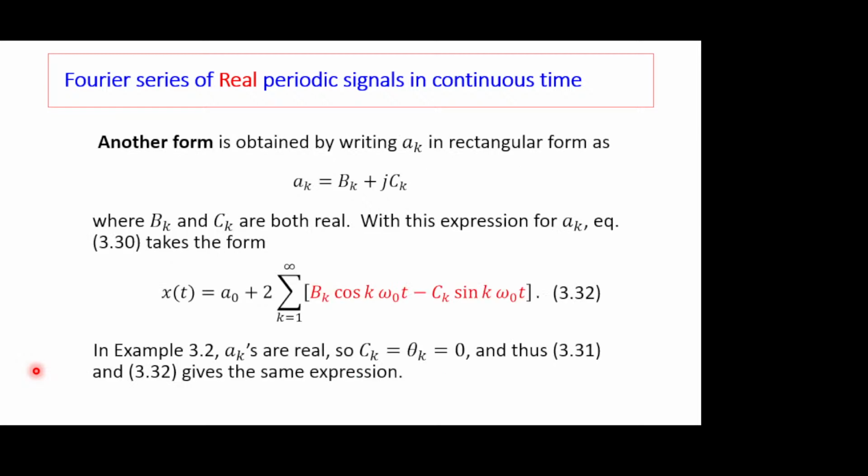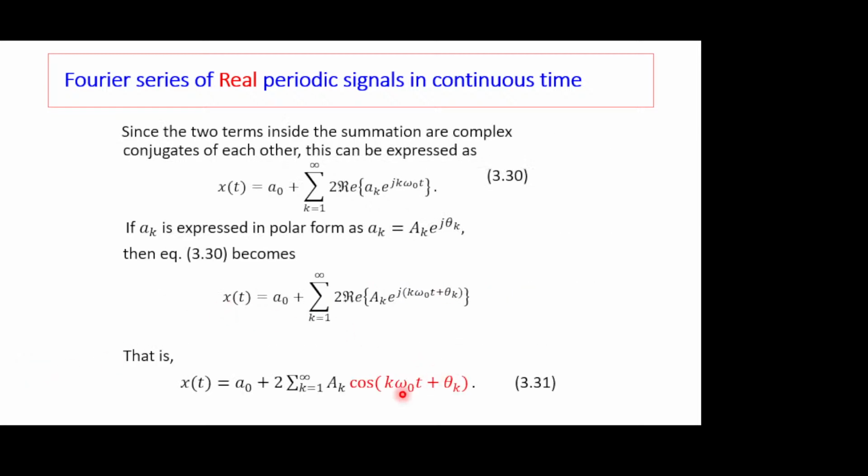And you can also do this in another form. If you don't want the theta k modifying your k omega naught t, then there are two ways to see this. One way is to break this cosine into sine and cosine.